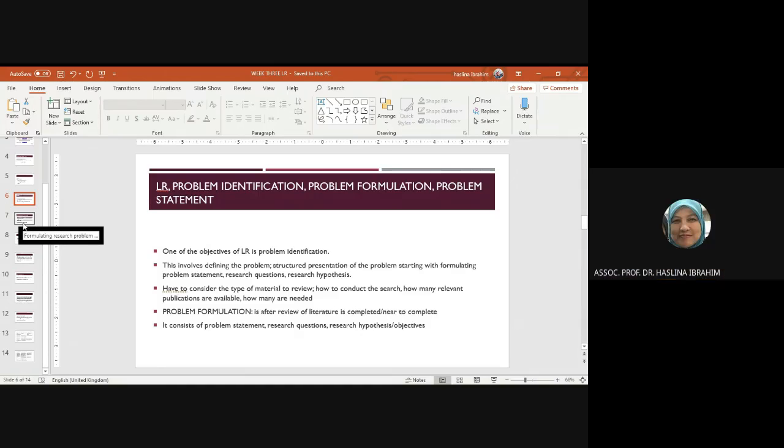All right. So problem formulation includes the SOP, statement of problem, research questions, and if you are doing a social study, an empirical study, then you are expected to write a hypothesis. When you do field work, you need to state the hypothesis and test it.